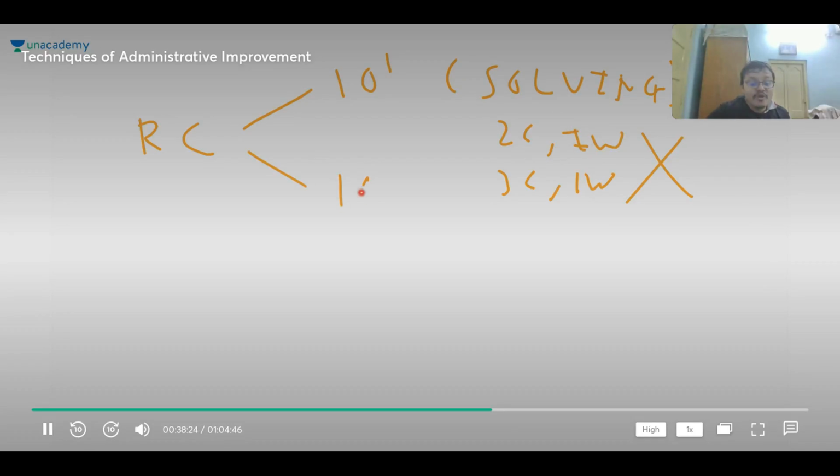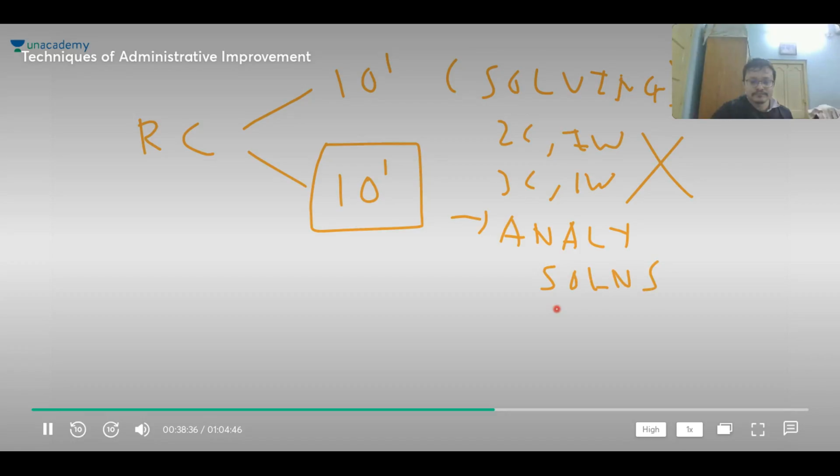The primary focus is supposed to be the next 10 minutes when you are analyzing the solutions well. It's very important that all of you analyze the solutions well in every RC passage.